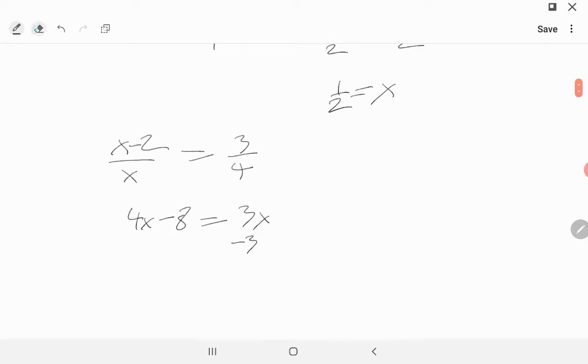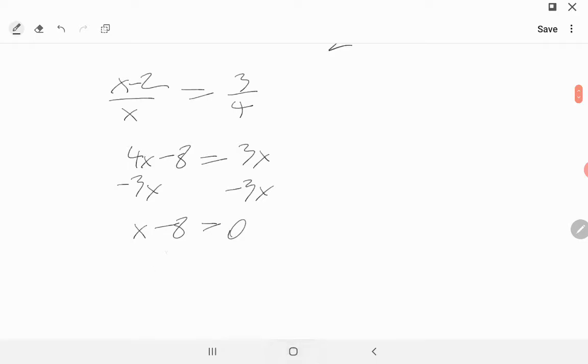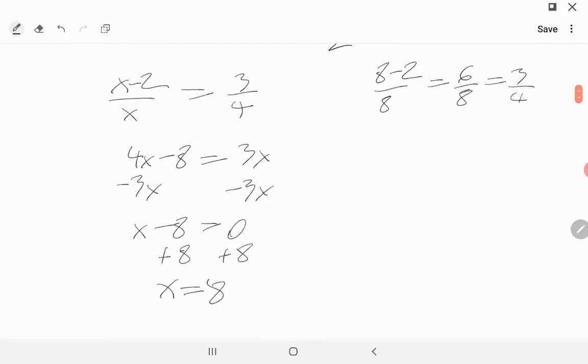We want to subtract 3x from both sides, and we get x minus 8 equals 0. And so we can add 8. x turns out to be 8. And we can check. If we plug in 8, 8 minus 2 divided by 8 is 6/8, which is indeed 3/4.